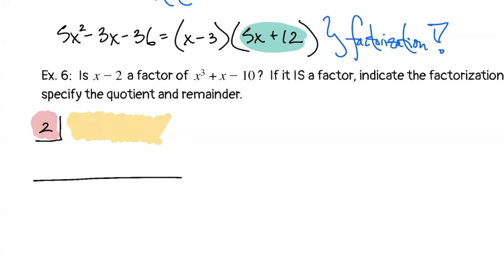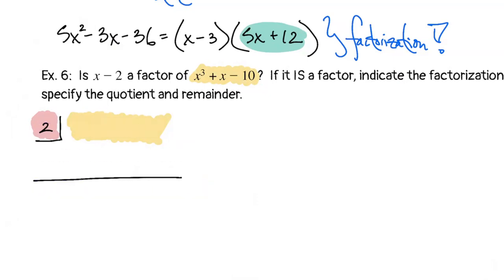If we just looked at our dividend, we might see a 1 and a negative 10. Can someone explain why we might need that 0 there? I think in standard form for a degree of 3, you kind of assume that there's an ax squared between it. But since it's not there, we can assume that the a is 0.